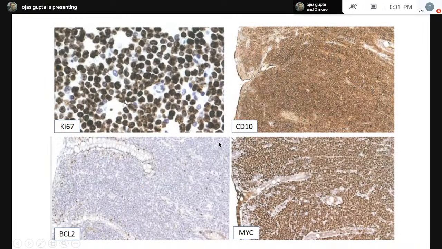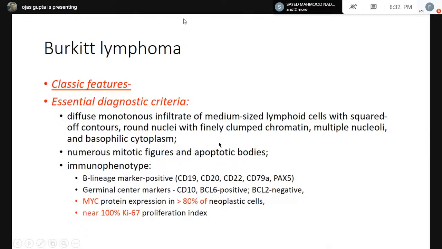On Ki67, they show almost 100% positivity. They were positive for germinal center marker CD10. They were negative for BCL2, and they were positive for MYC translocation. So yes, this is Burkitt lymphoma.